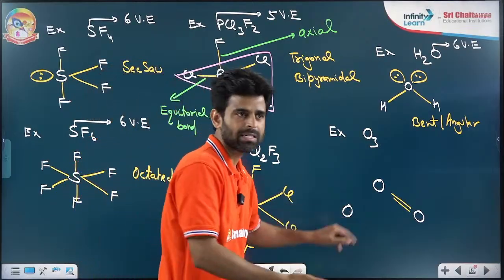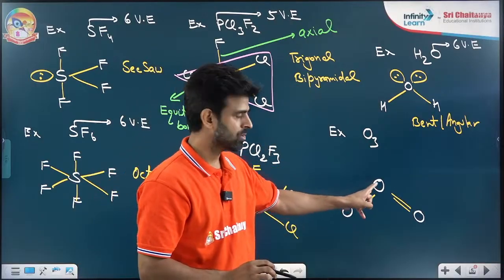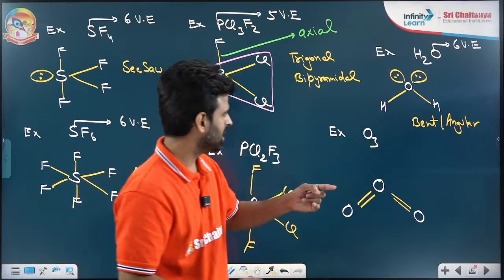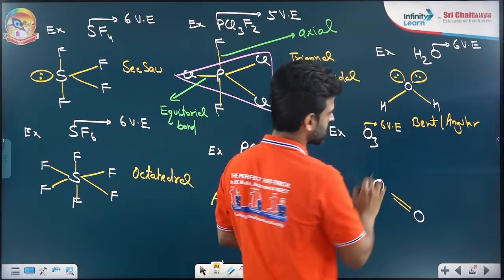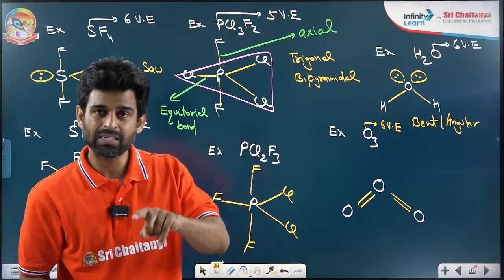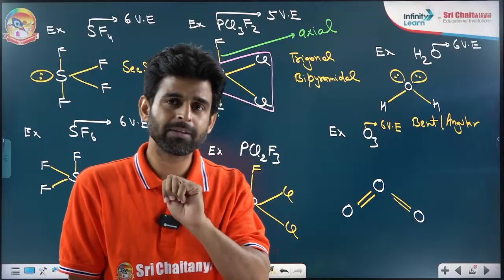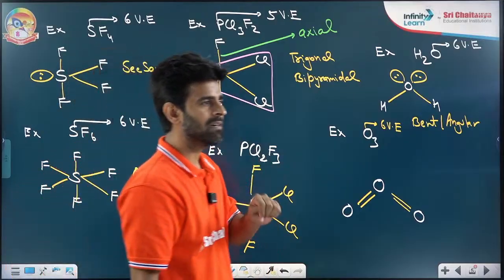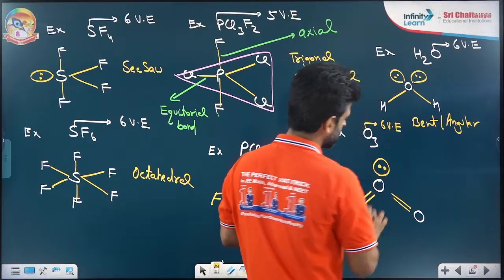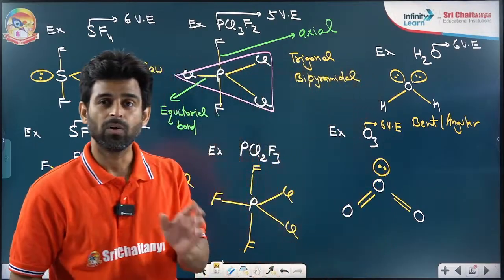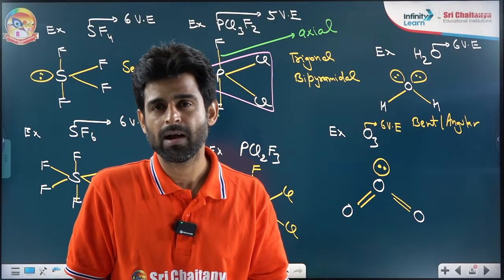This oxygen also should make a double bond, and the center oxygen has 6 valence electrons. So after making 4 bonds, 2 are still left, so we think to make a lone pair. So this structure comes to our mind first of all.